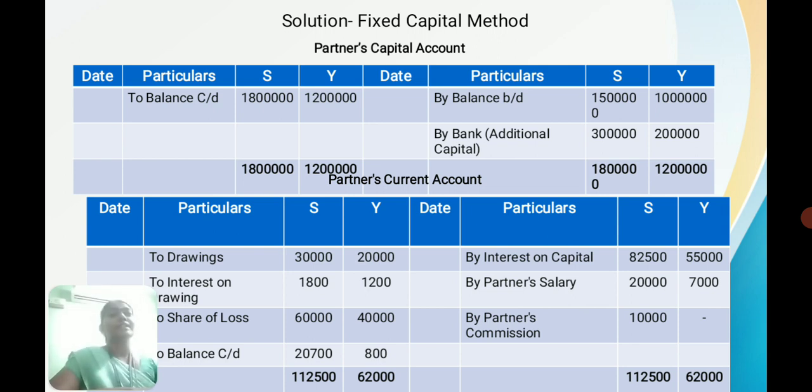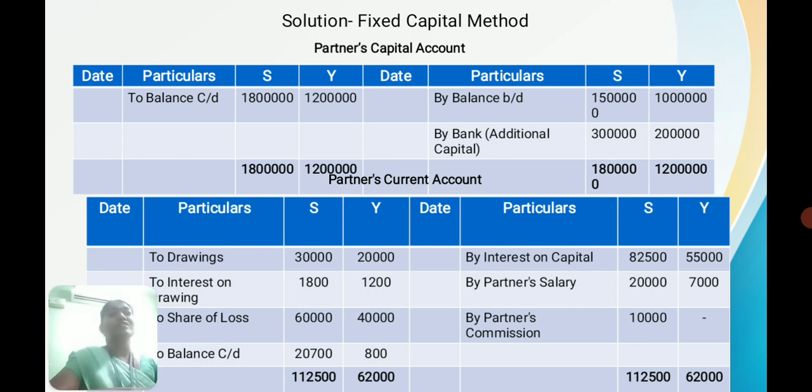Then the partners' current account. In this account, only the adjustment entries are entered. There is no opening balance of the partners' current account given, so there is no opening balance. So directly we have entered the adjustment entries. All the amounts which we have taken from the partners are entered on the debit side.